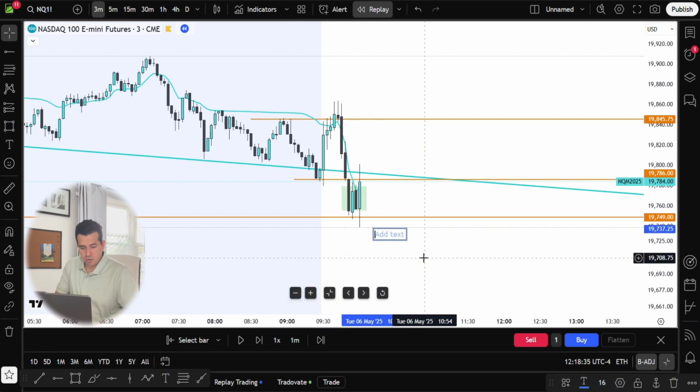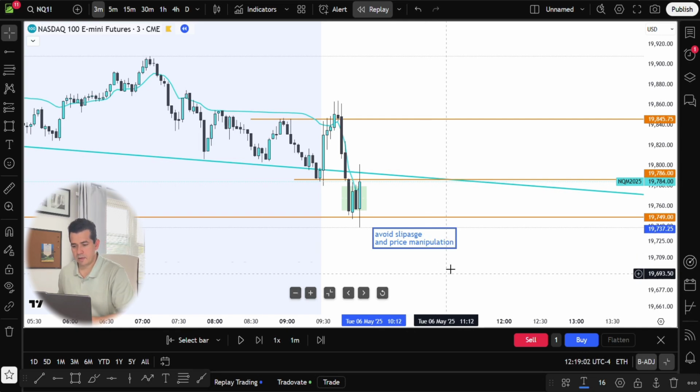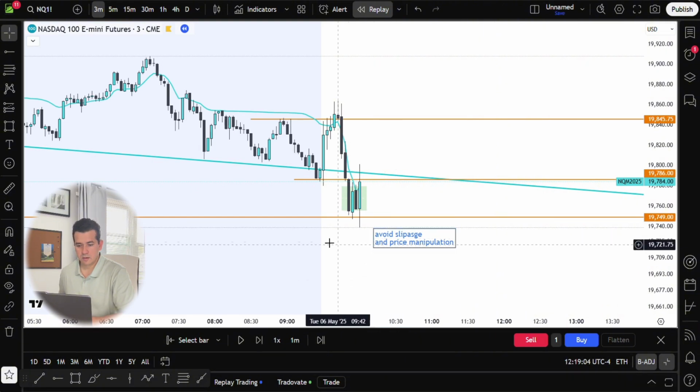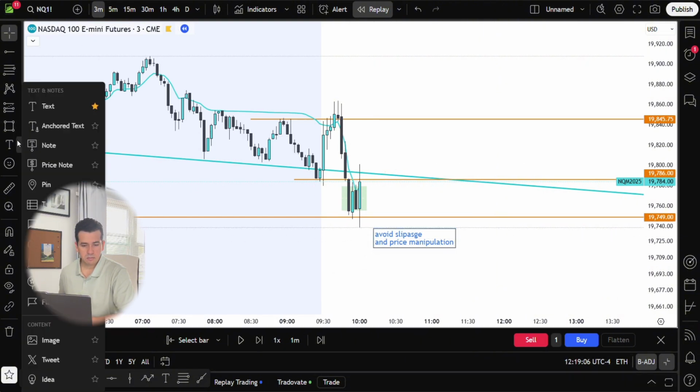So we got the avoid price manipulation. And I'm looking for the arrow.